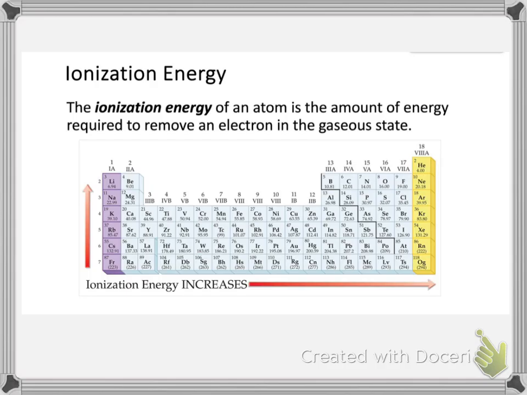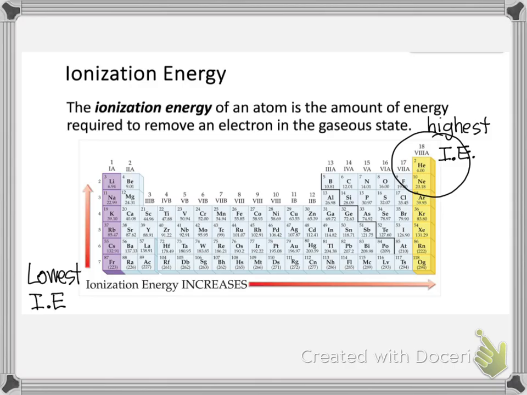And so you can see the trend as you go across a period, the ionization energy increases, and as you go up a column, it increases. That means that these elements in the upper right-hand corner have the highest ionization energy, and these in the lower left-hand corner have the lowest ionization energy.